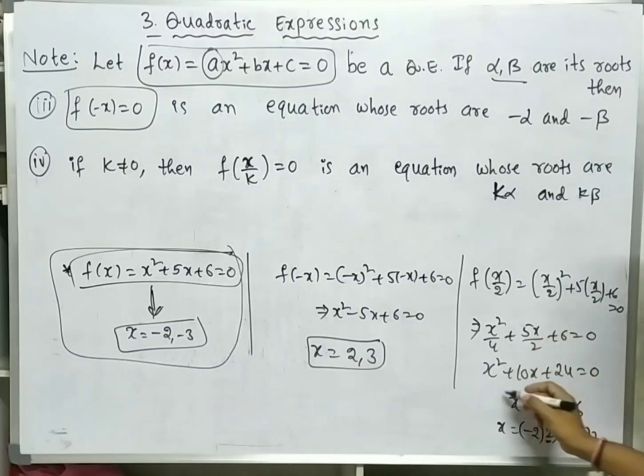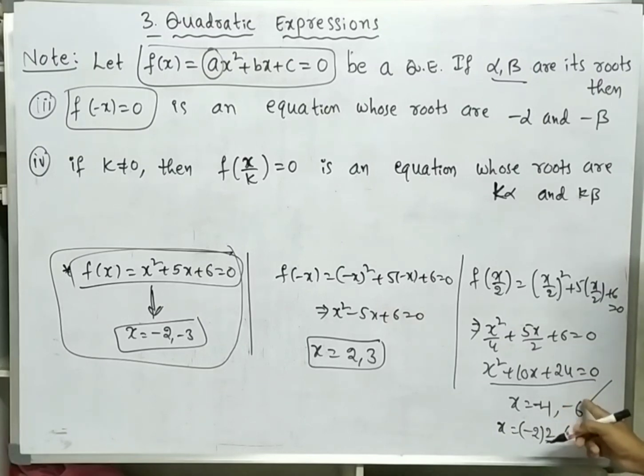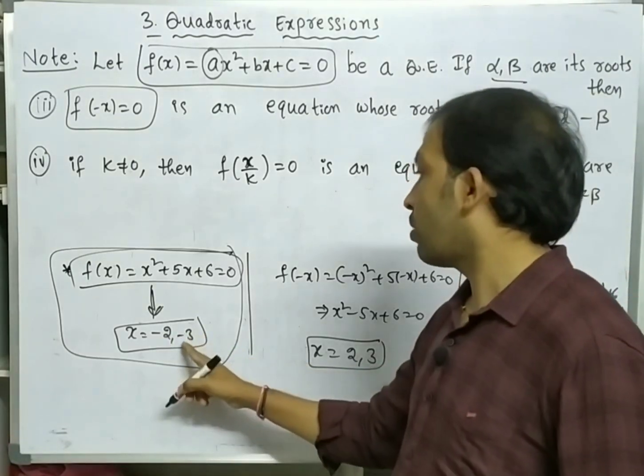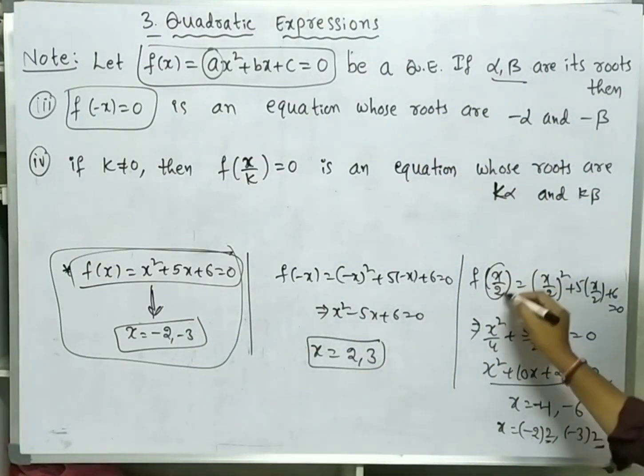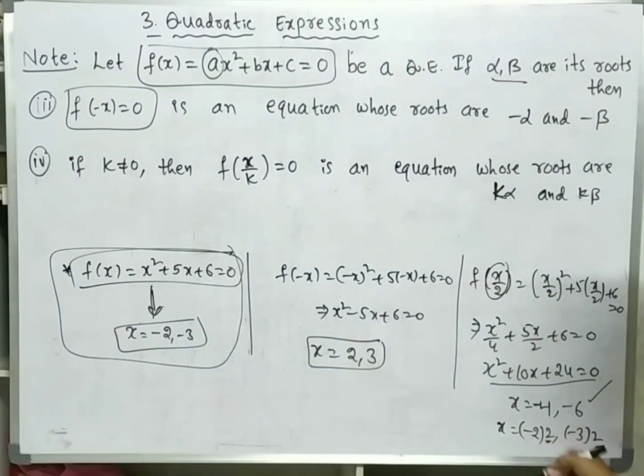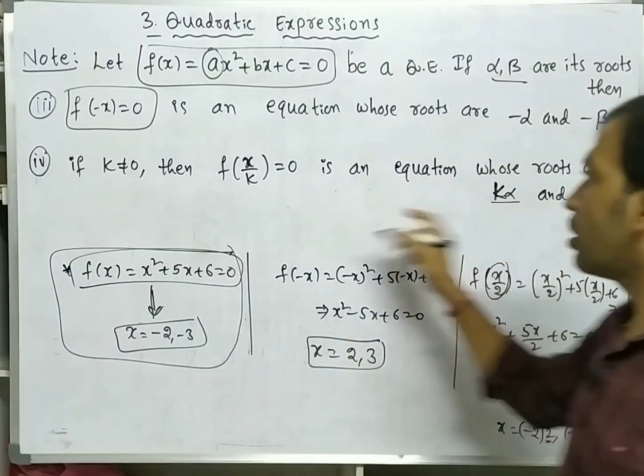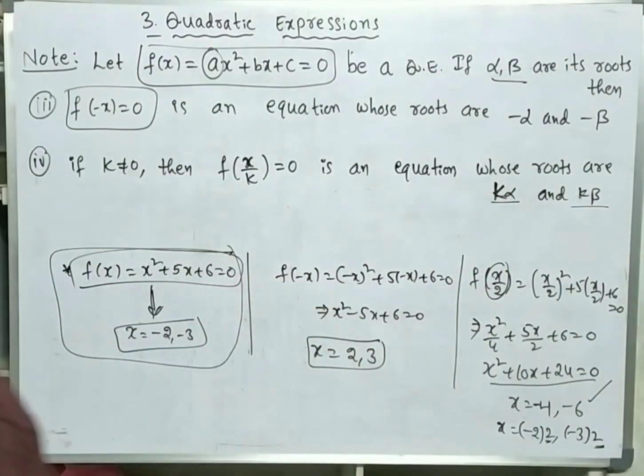After simplification, you get a quadratic equation, and x equal to minus 4, minus 6 are the roots. That means twice minus 2 and twice minus 3. That means if we divide x by k, then the roots are multiples, k alpha and k beta. So remember all these important points.